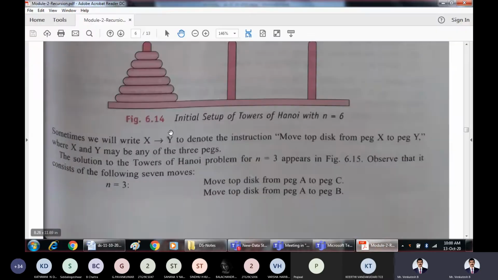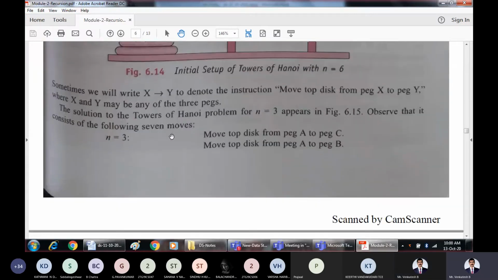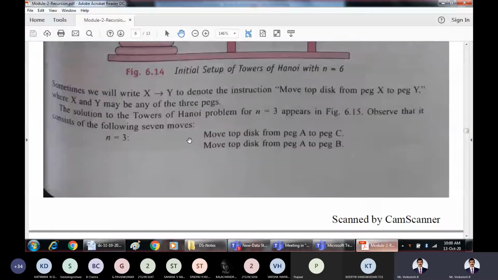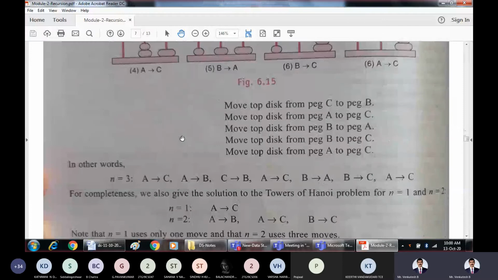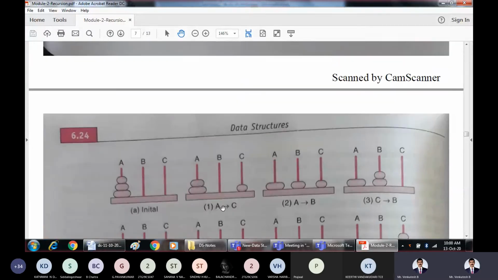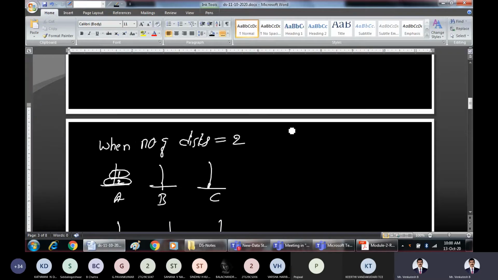We have seen these moves for 2 disks. So assume for n equal to 1, the number of moves is 1. For n equal to 2, the number of moves is 3.